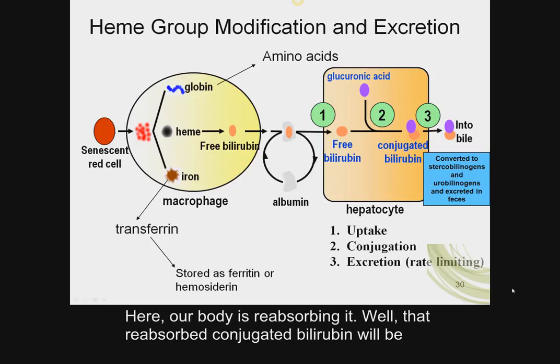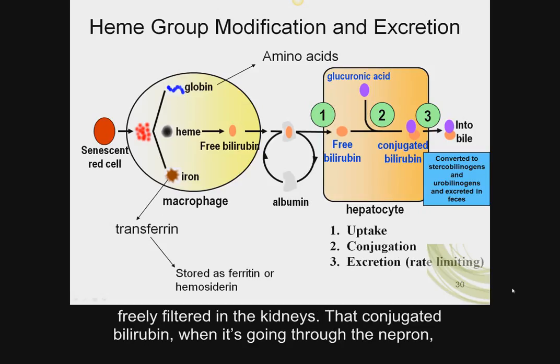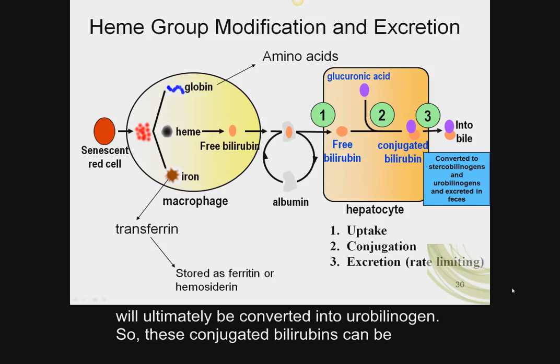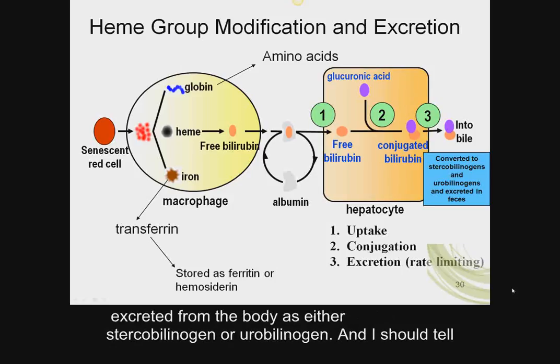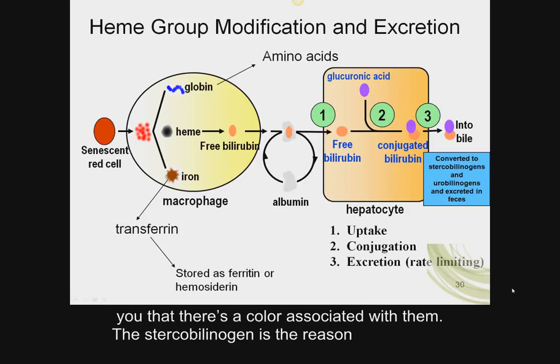And here our body is reabsorbing it. Well, that reabsorbed conjugated bilirubin will be freely filtered by the kidneys. That conjugated bilirubin, when it's going through the nephron, will ultimately be converted into urobilinogen. So these conjugated bilirubins can be excreted from the body as either stercobilinogen or urobilinogen.